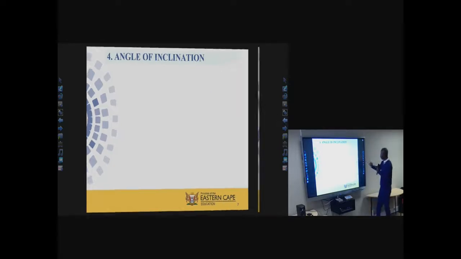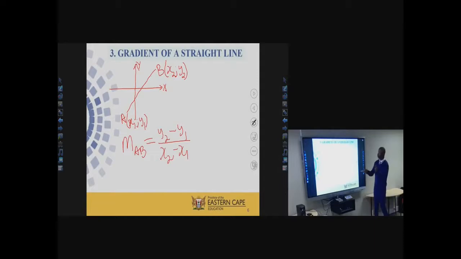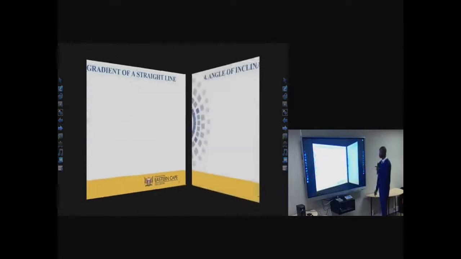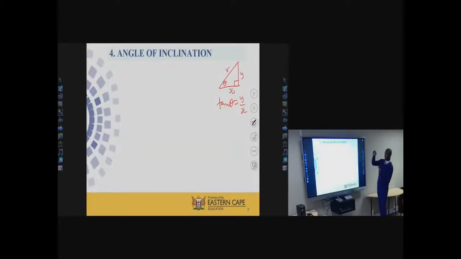And then when you go back, you will see that we said the gradient is change in y over change in x. Therefore, there is a link between these two things, because the gradient is change in y over change in x, and then tan is y over x, which means that the gradient m is the same as tan theta. That now is the equation for the angle of inclination.